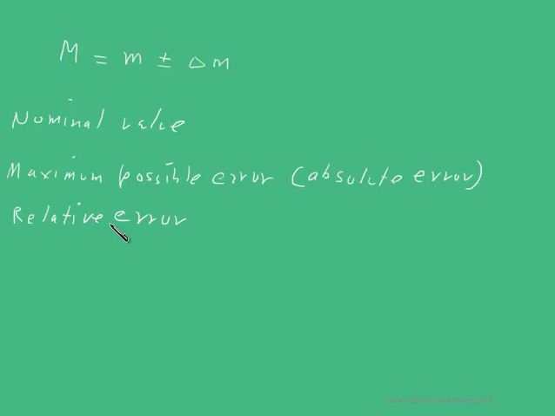And remember, this can be expressed as a percent. So the nominal value in a case like this is just simply m. The maximum possible error here is plus or minus delta m. And the relative error here, the symbol is percentage m, if you're going to express it as a percentage. Remember, sometimes I call this absolute error.